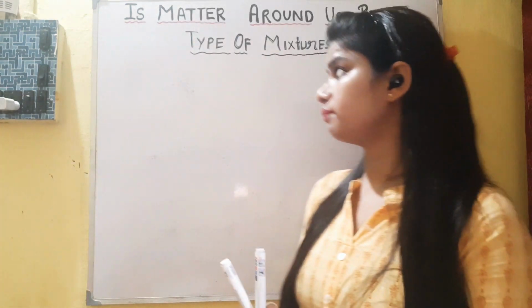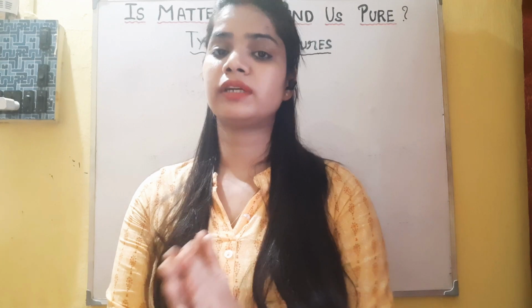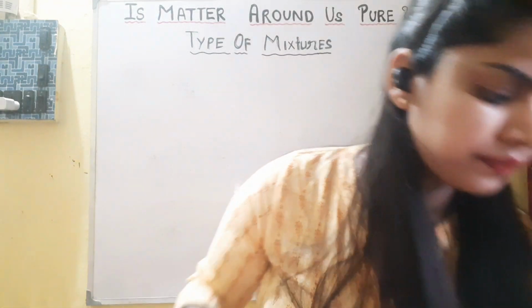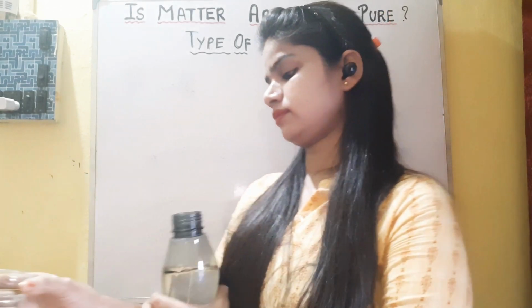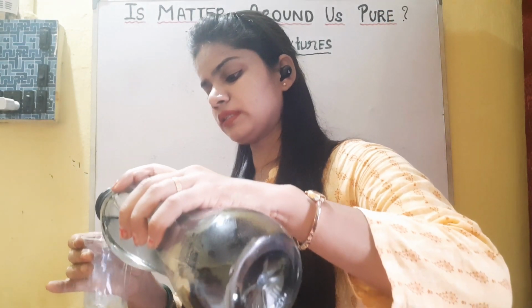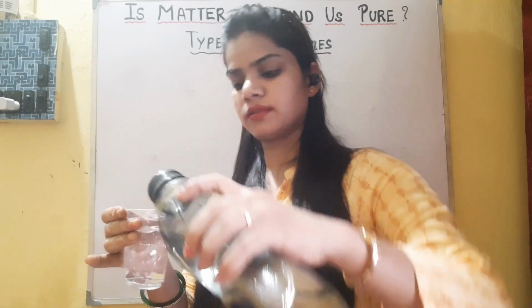Now the next is types of mixture. Types of mixture: mixing of more than one type of ingredient or substance. For example, this is a glass, and I'm putting some water in the glass.